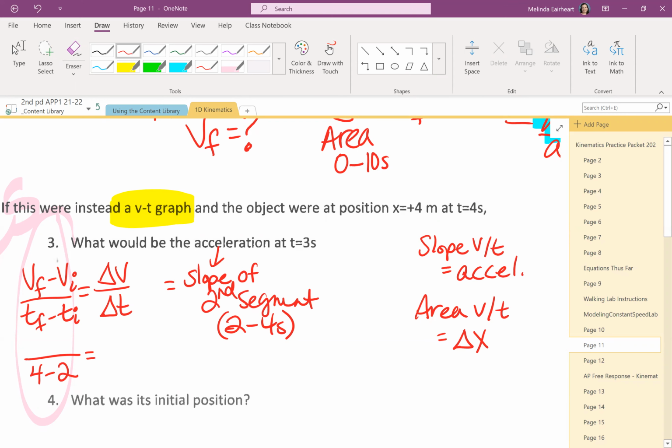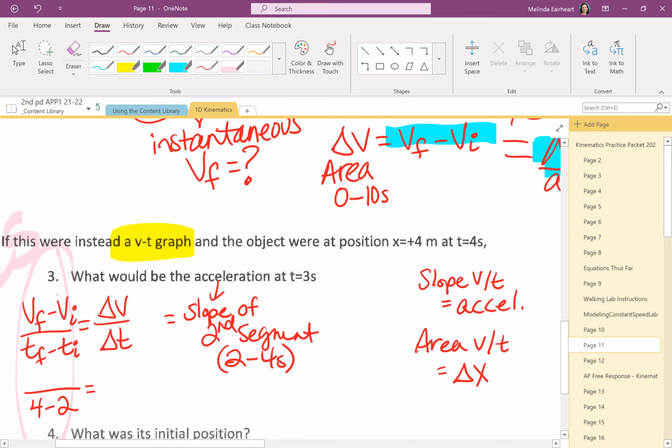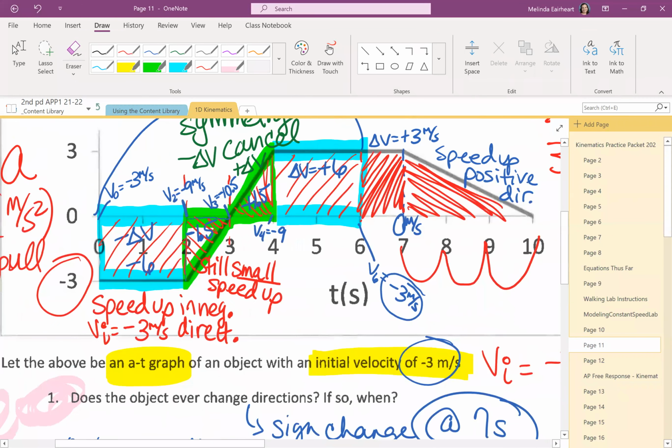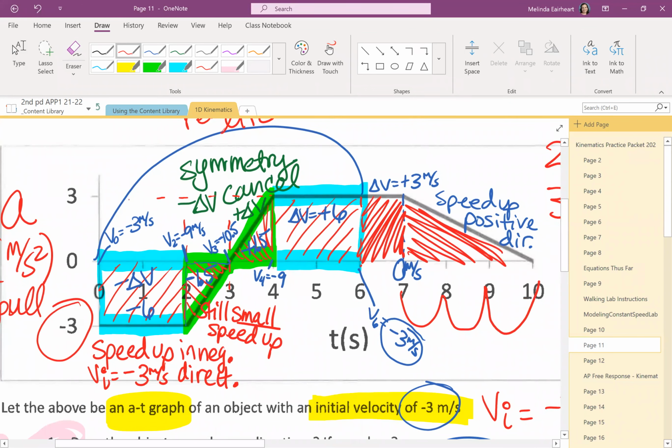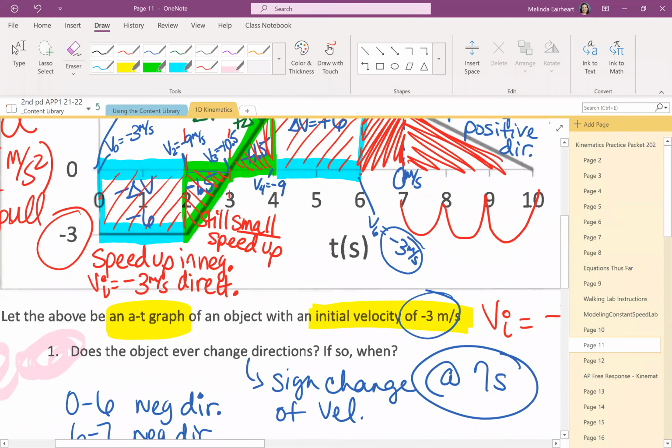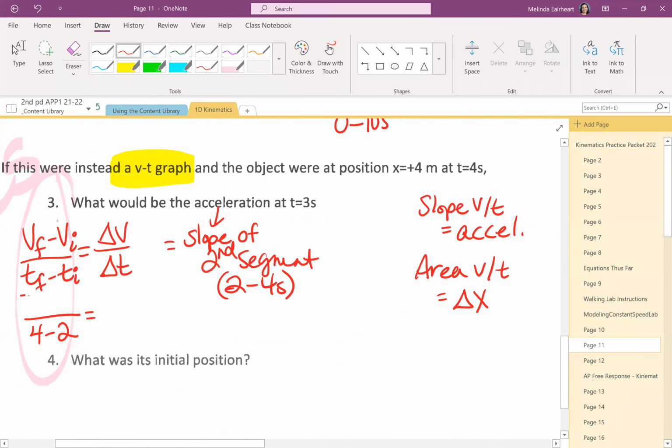And so I go back up to get those 2 velocities. Don't mix them up, y'all. Final minus initial matters. So at 4 seconds, I have a final velocity of positive 3. And at 2 seconds, I have negative 3. And so I'm going to say 3 minus a negative 3, which turns into plus, right?